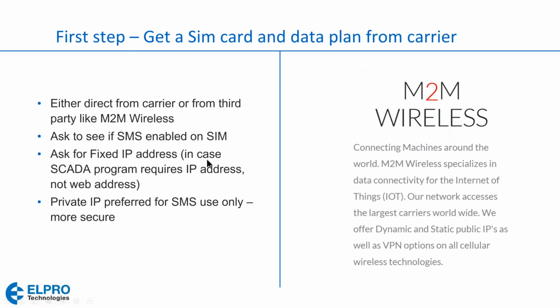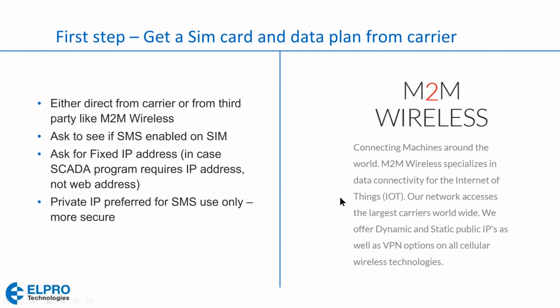Now, rather than go to a carrier like Verizon or AT&T, where the technical support can be difficult to access and their primary market is focused on consumer phones, instead, I've had great luck with a company called M2M Wireless. They're down in California, and they sell SIM cards in all the major carriers. So Verizon, AT&T, T-Mobile.